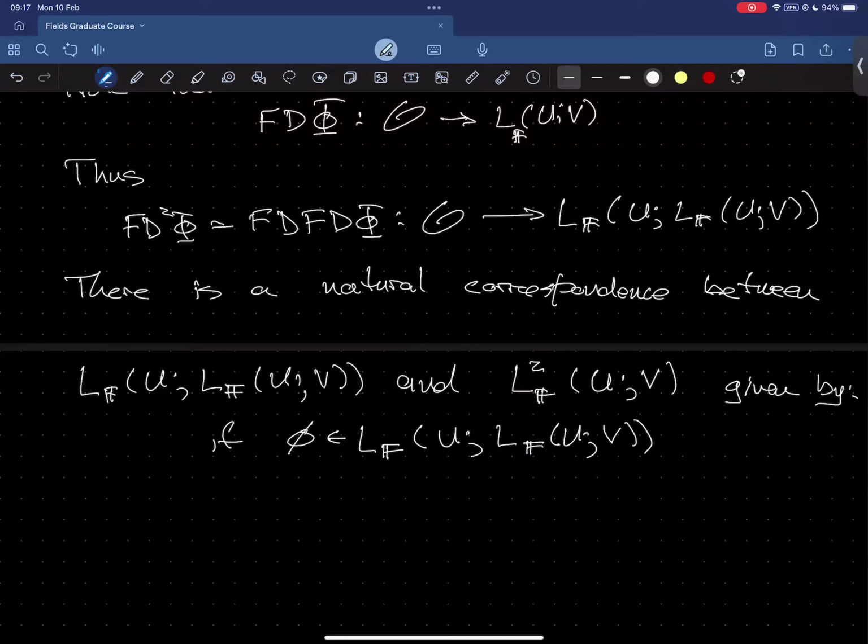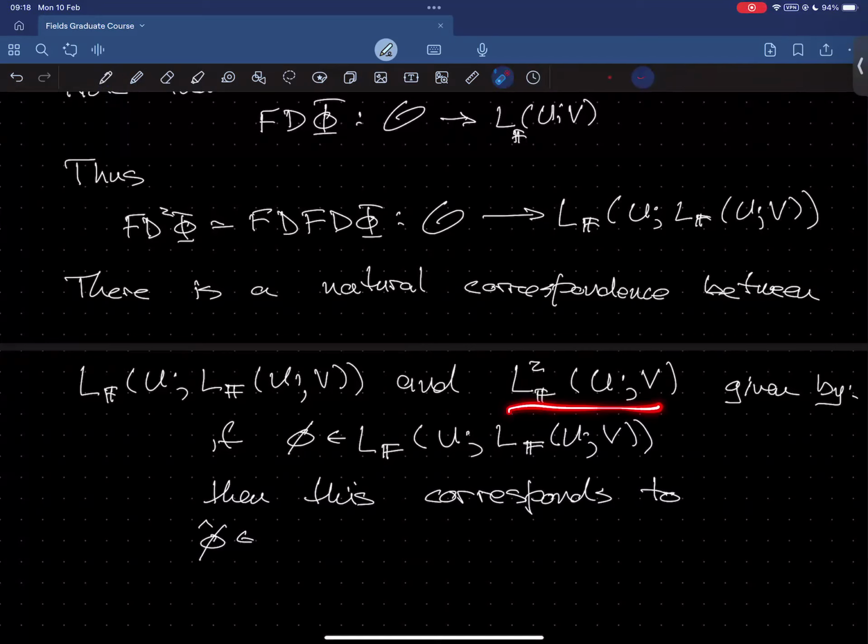Okay. So this corresponds to, and I'll just call it phi hat, which is going to be a bilinear mapping.